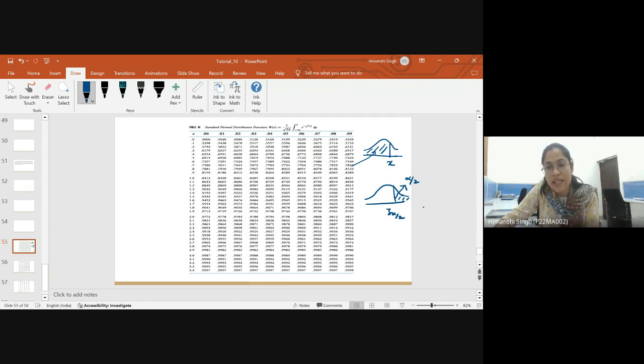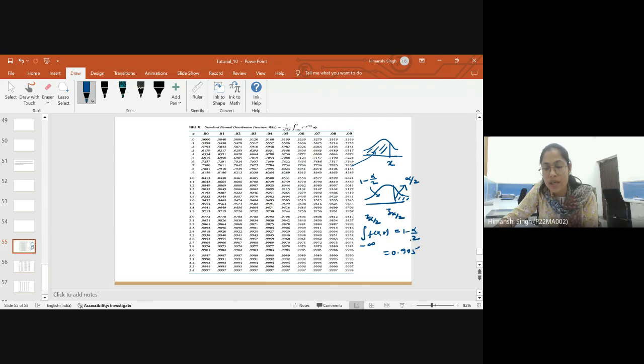Since the total area is 1, the left hand side area will be 1 minus alpha by 2. To find the point, I need this area from the table. So the integral from minus infinity to z alpha by 2 of f(x, theta) equals 1 minus alpha by 2. I know this because I know alpha, and it is 0.995.